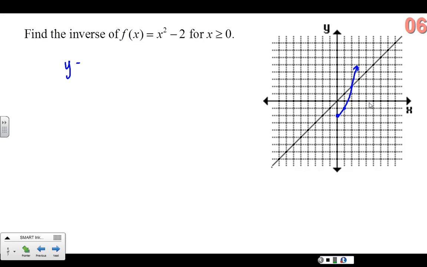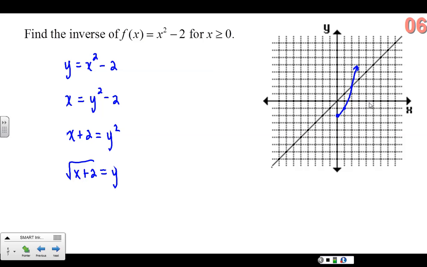So we have y equal to x squared minus 2. Switch the variables. To solve back for y, I would add 2 to both sides. And to get y squared back to y, we take the square root of both sides. So the square root of x plus 2 equals y. There's my inverse function.